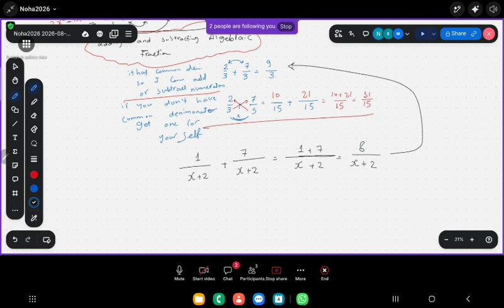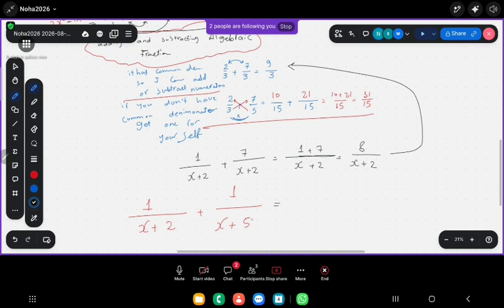Okay, now if they are not common, how can I do that? Look, I will make it one very, very easy. 1 over x plus 2 plus 1 over x plus 5. Look at your denominator. Are they common? No, they are not common. So I have to take common denominators.